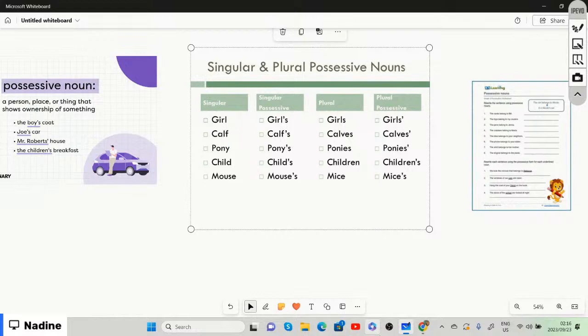So singular, right? We're first going to compare singular with the singular possessive before we go on to plural and plural possessive. If you write a singular word, for example, just say girl, because girl refers to one person, right?